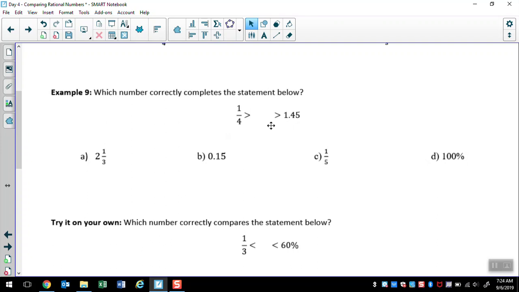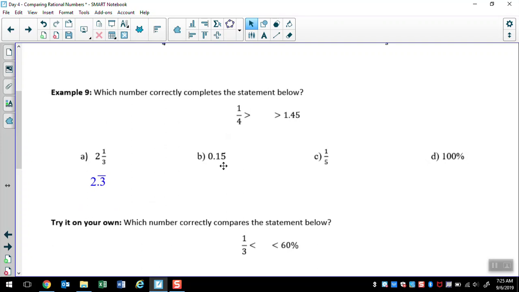So we're looking for a number that falls in between those 2 numbers. Again, to do that, we need to convert. So 2 and 1/3. Well, 2, and then 1/3 we've already seen was 0.3 repeating. So that becomes 2.3 repeating.